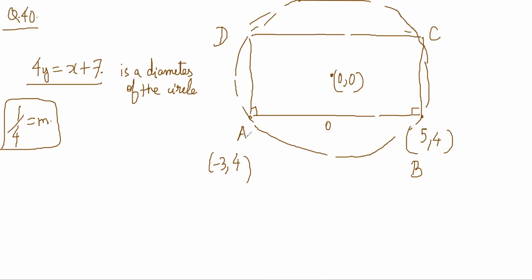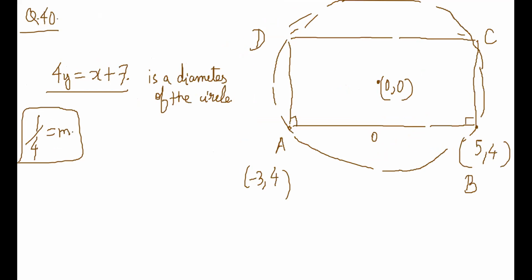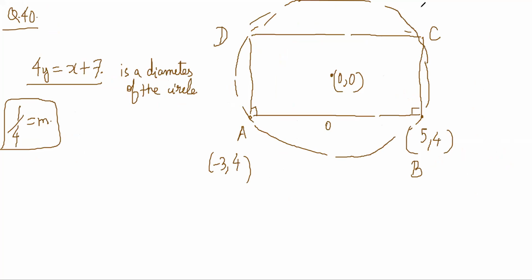There is a diameter like this, 4y is equal to x plus 7. Does -3, 4 lie on it? No, 5, 4. 5 plus 7, 12. No, doesn't lie on it.